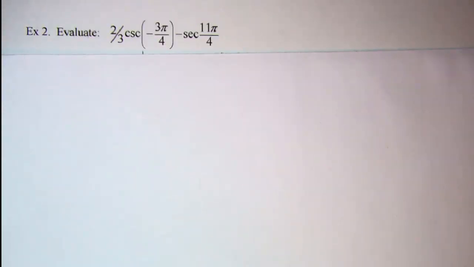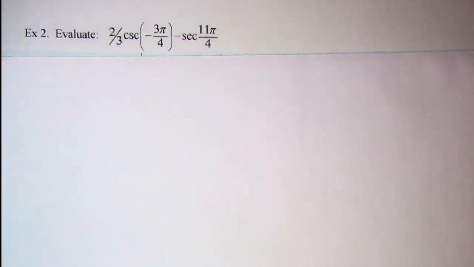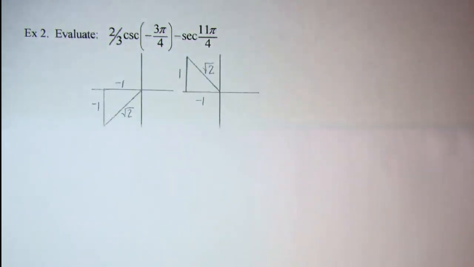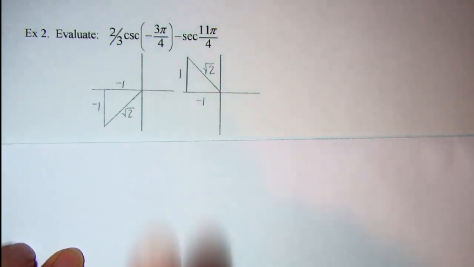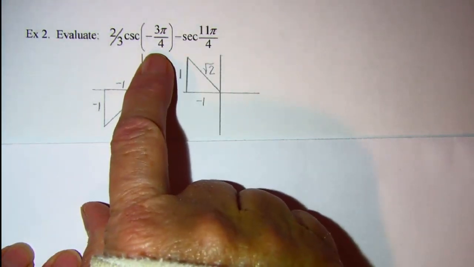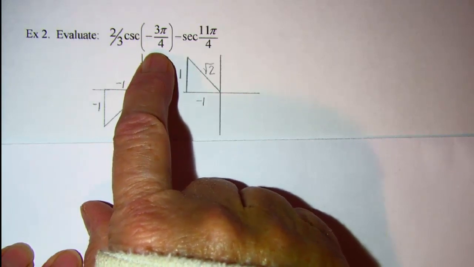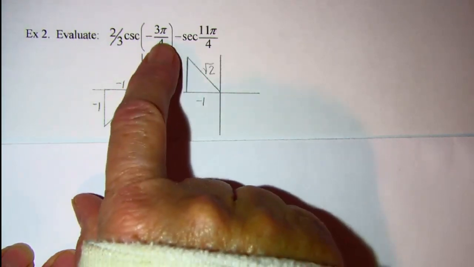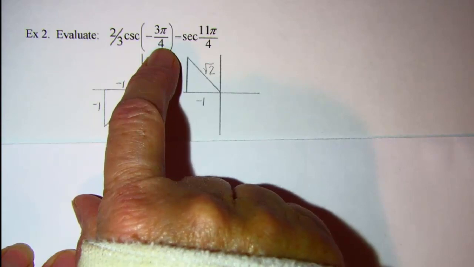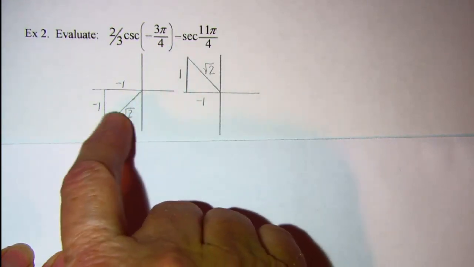We have 2/3 times the cosecant of negative 3 pi over 4, subtract secant of 11 pi over 4. So first step is to draw our reference triangles. A negative 3 pi over 4 means we're going to go clockwise, and it's 3/4 of a pi.